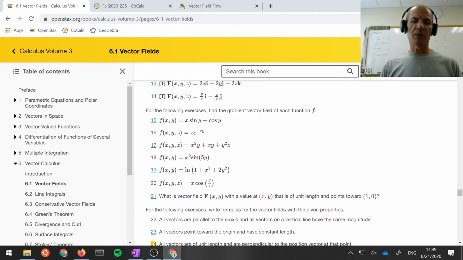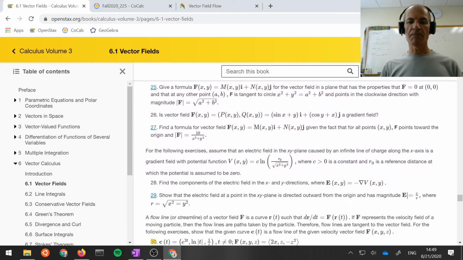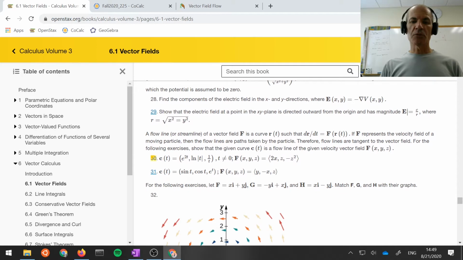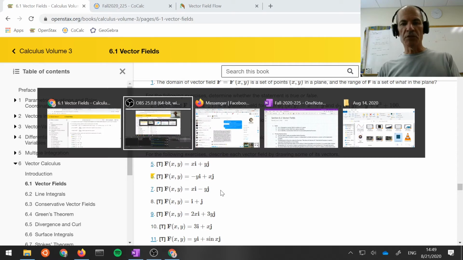That's just really a review of taking the gradient of functions, which you did a while back. Here is a description of vector fields, and we'll build a vector field based on its description. And then last, we'll talk about flow lines, which are a pretty cool little side idea about vector fields. So without further ado, let's look at number 6.